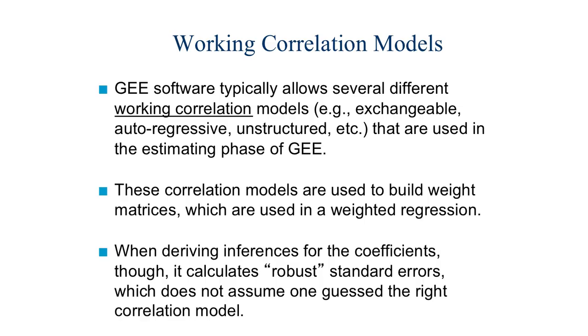And the working correlation matrices, since they're not really intended to get it perfectly right, they only give you a few choices. And oftentimes only one or two of them are relevant to any particular data set. So there's not an infinite list of these things in your GEE function. There are usually 5 or maybe 4, and typically only some of them are relevant.